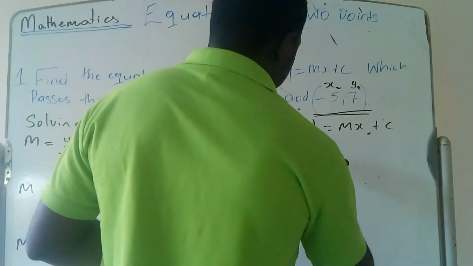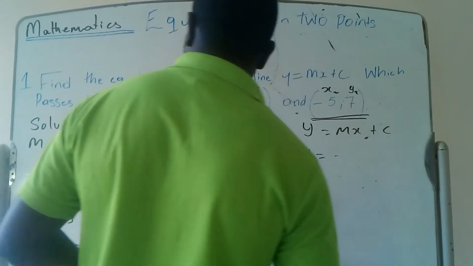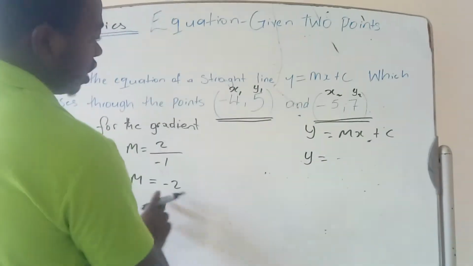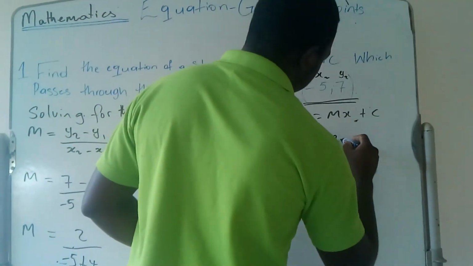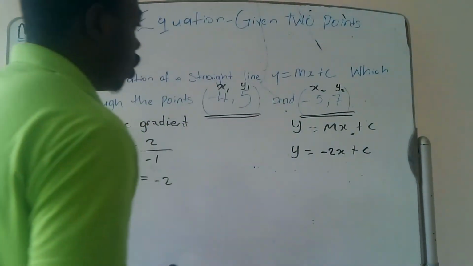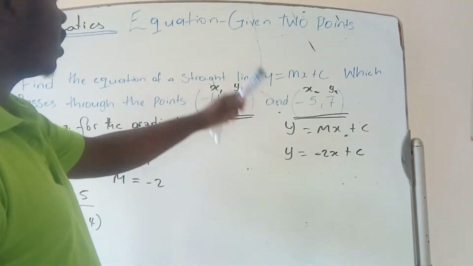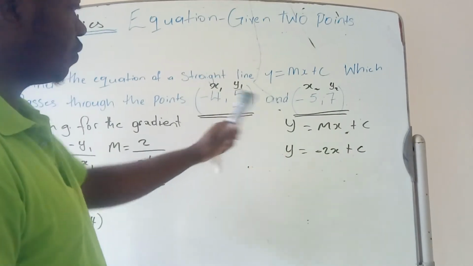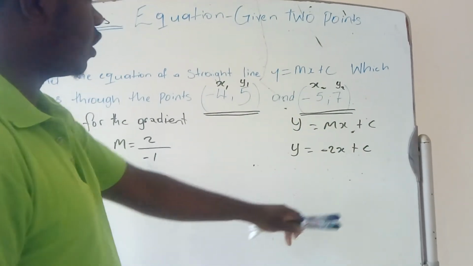So y is equal to m, which is negative 2, so this is negative 2x plus c.